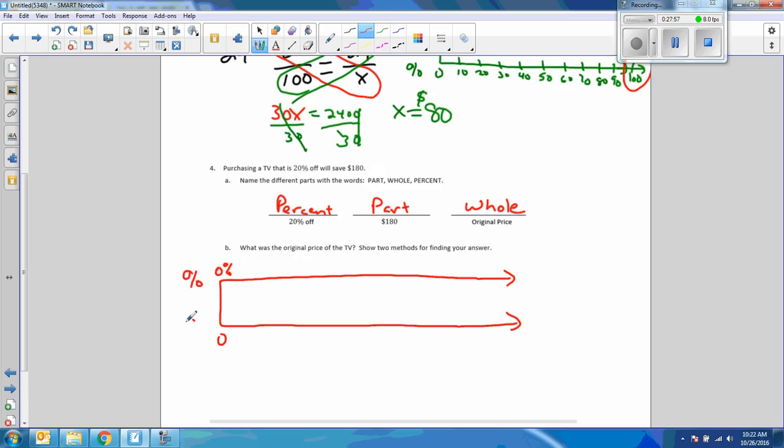Price, dollars. Okay, so let's go in increments of 10. But actually, let's see, what were we given? A purchase of a TV of 20%. So we have to make sure we pick a value that's going to include this. If I go by 15%, it's going to be 15, 30, and 20 is not included. 5, 10, 15, 20 is going to be a lot of writing. Let's try 10%, and it will save us $180.